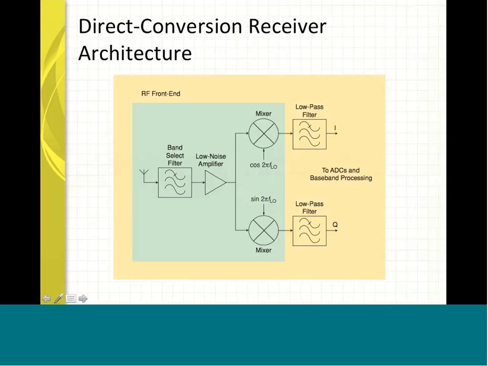From the antenna, the signal goes into a band select filter before it gets amplified by a low noise amplifier, and then a pair of mixers with quadrature LO signals transforms the signal from RF frequency to baseband frequency. Before the ADC is used to convert the signal from the analog domain to the digital domain, we have a pair of low pass filters to select the proper baseband signals.